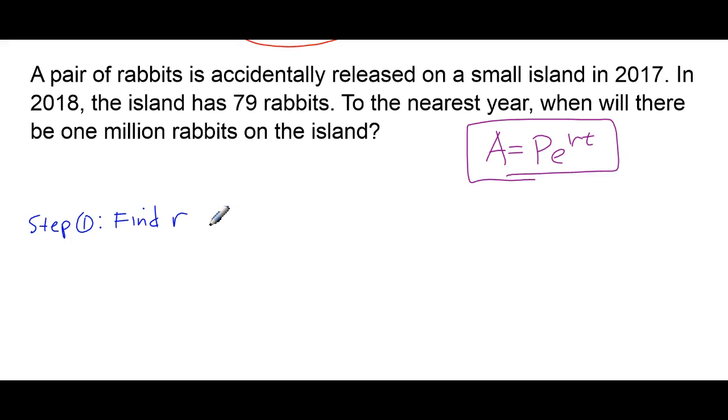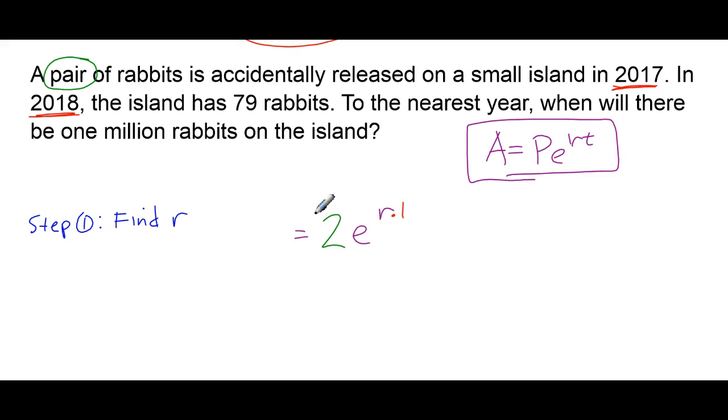So the starting amount here was 2. It was a pair of rabbits. There were 2 rabbits to begin with. The length of time at first is only 1 year. I mean, we started in 2017, and in 2018 there are 79 rabbits, so the length of time at first is just 1.